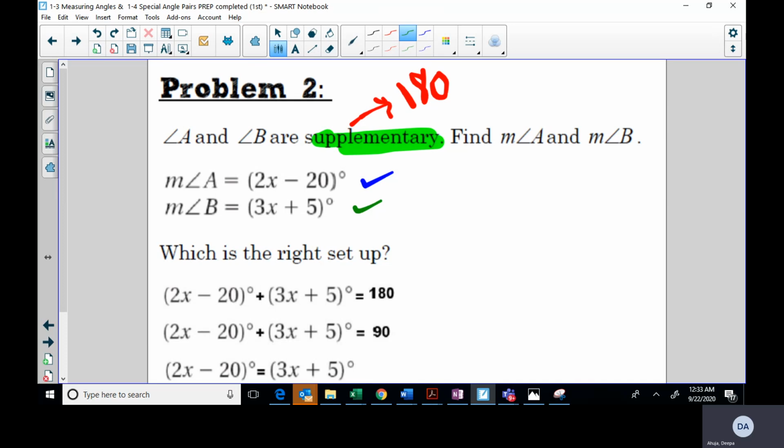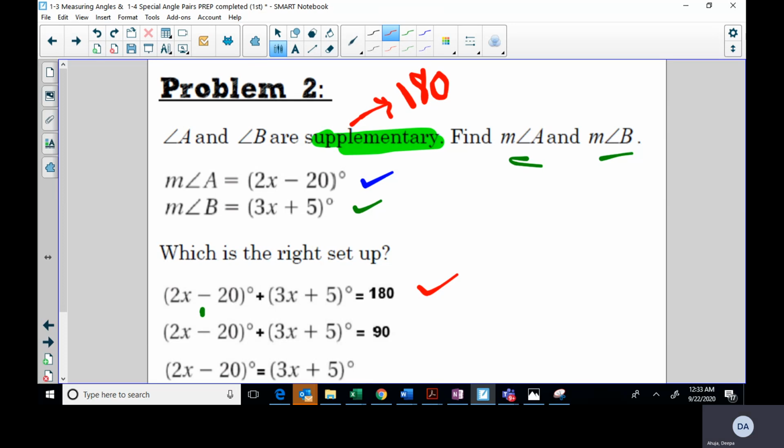To solve for x, to find the measure of angle A and B, what would be my correct setup? Should I add 2x minus 20 plus 3x plus 5 equals 180? Do you think that's a correct setup? The sum of two angles equals 180. Yes, supplementary means 180 degrees, and if I add both of these angles, it should be equal to 180.